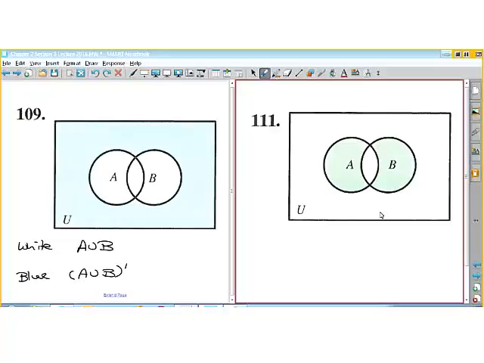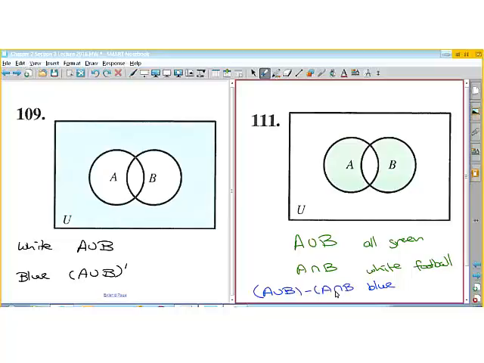If I make everything green, green is going to be A union B. The white, before I filled it in, the white between the two, this little white football, that is A intersect B. So the blue, which is what we're trying to figure out, is going to be A union B, everything that's in A and B, subtracting A intersect B.